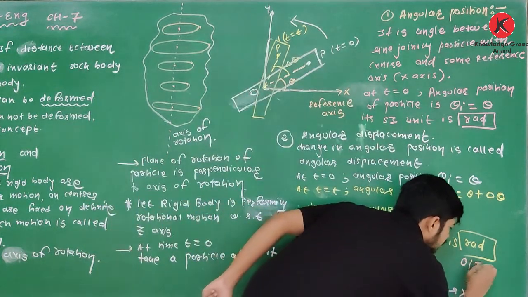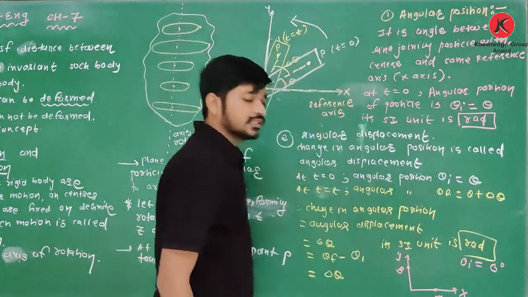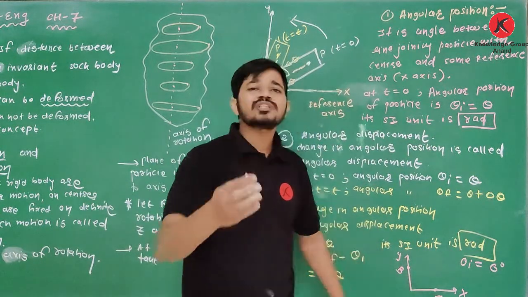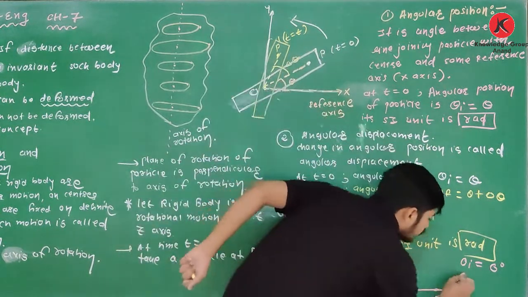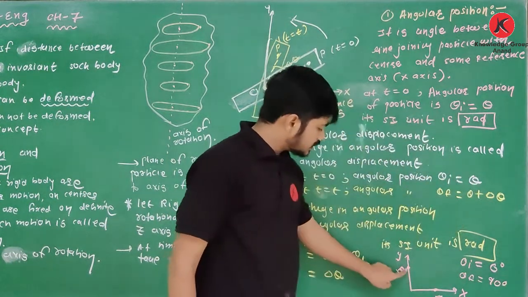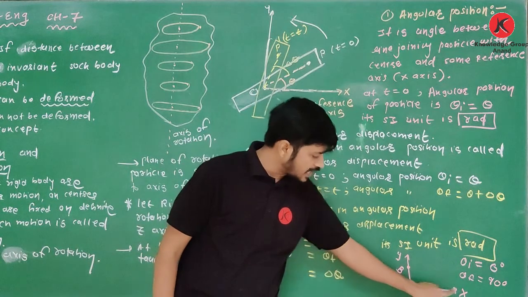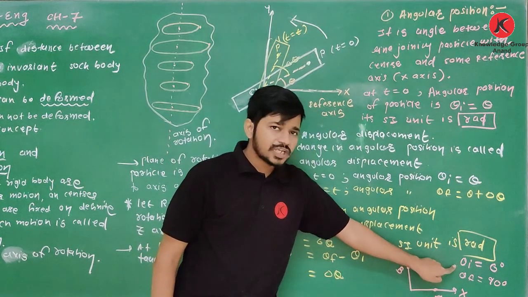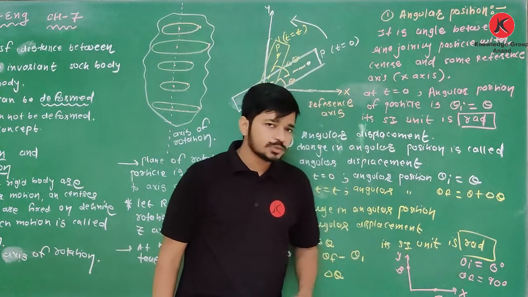Initial angular position theta I is equal to 0 degree, because it is on the x-axis and it makes angle 0 with the x-axis. So theta f is equal to 90 degree, because this line makes angle 90 degree with the x-axis. So initial angular position is 0, final angular position is 90.